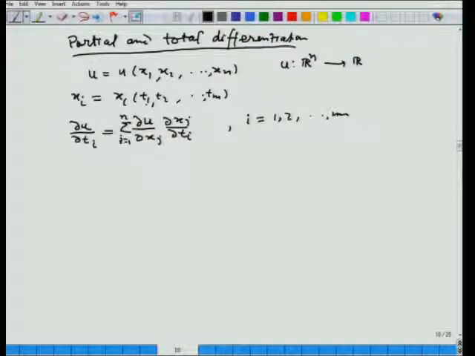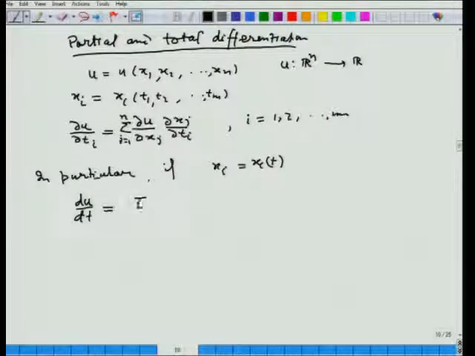Now in particular, if these xi's are just functions of one variable t only, then this derivative will be a total derivative, du by dt, which is the summation of del u by del x j times dx j by dt, with j equal to 1 to n.